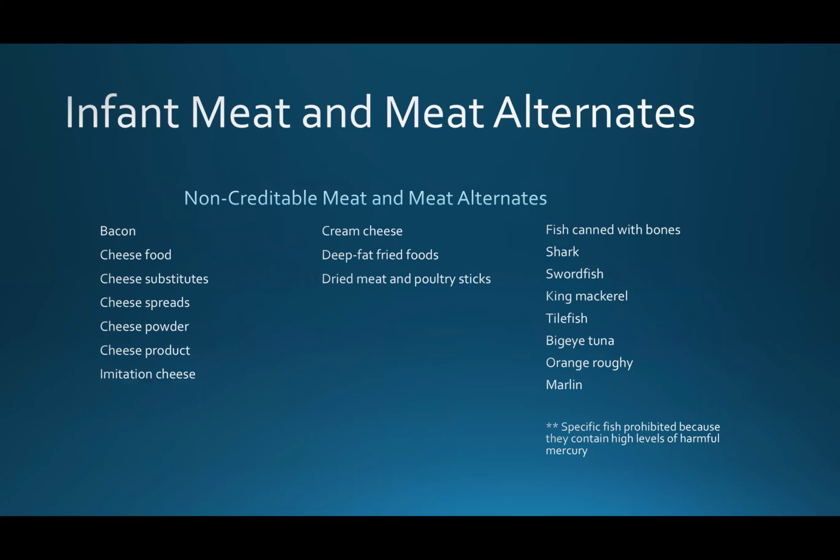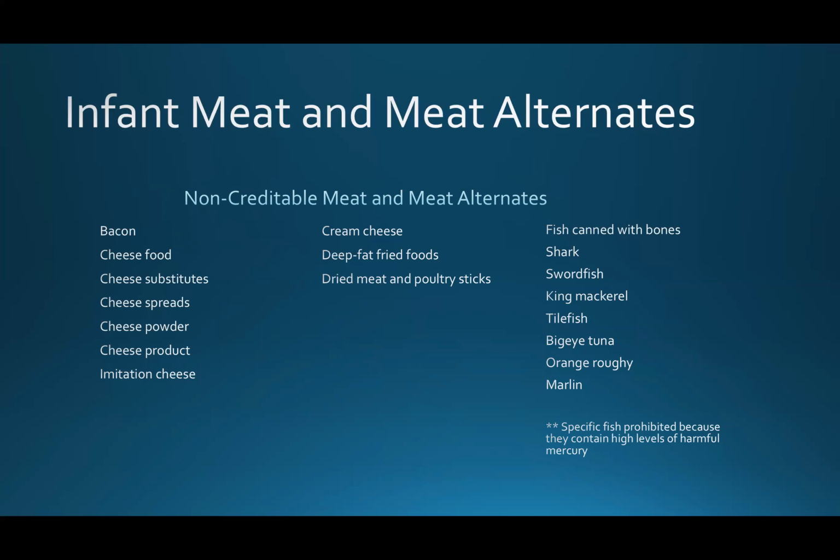Non-creditable meat and meat alternates include bacon, cheese food, cheese substitutes, cheese spreads, cheese powder, cheese product, imitation cheese, cream cheese, deep fat fried foods, dried meat and poultry sticks, fish canned with bones, shark, swordfish, king mackerel, tilefish, big eye tuna, orange roughy, and marlin.